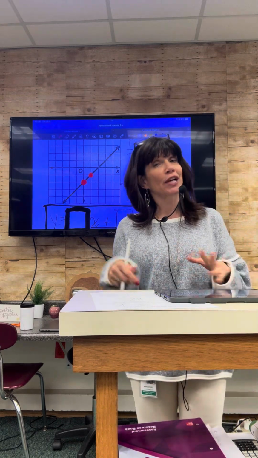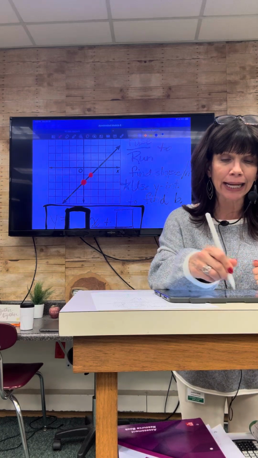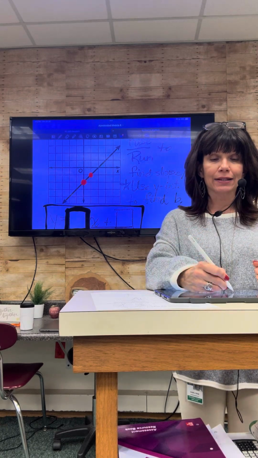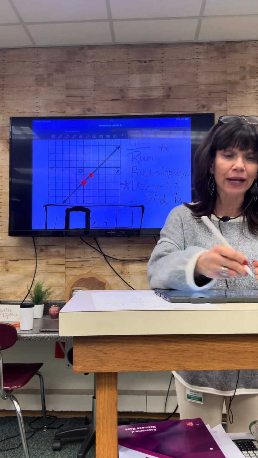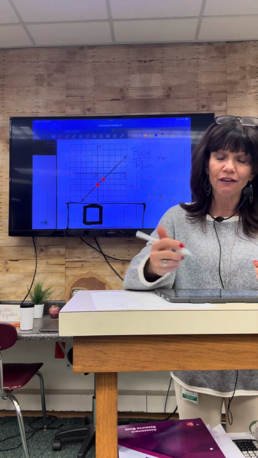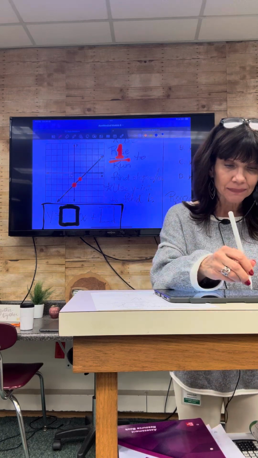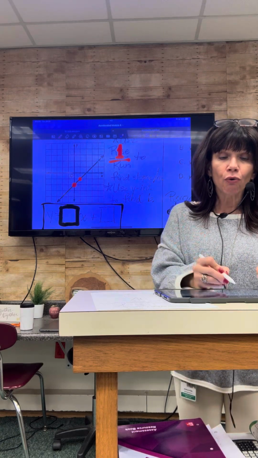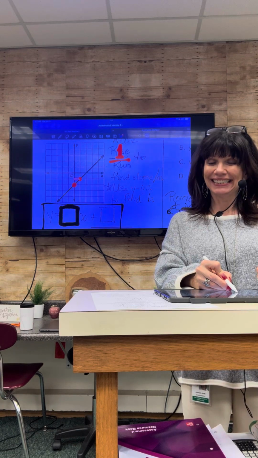Miss Rose's clue says use rise over run. So, using my disappearing ink, we're going to rise. How many spaces was that, class? 1. Please write down a 1 as your rise value. And then we also need to run. How many spaces was that, class? 1.